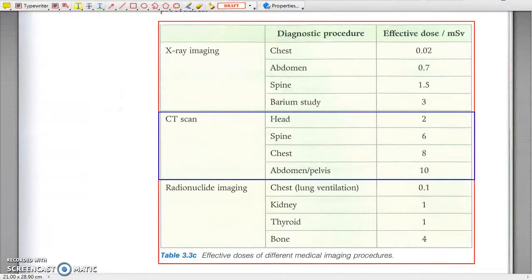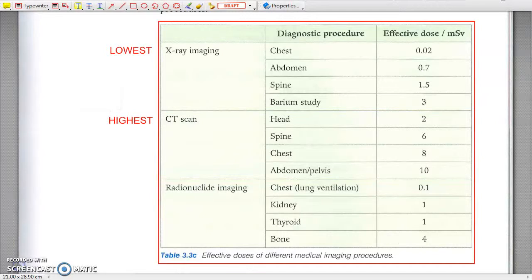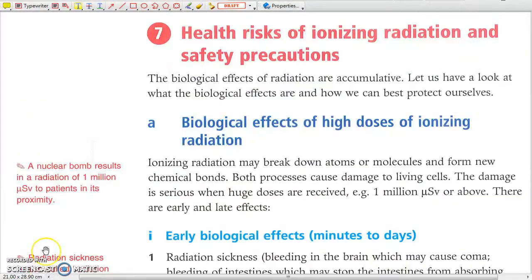As expected, CT scan produces the highest effective dose, as it is just like multiple X-ray pictures were taken. In fact, the effective dose of X-ray imaging is the lowest in most cases. No wonder it is the most common first-line investigation for bones and chest examination.